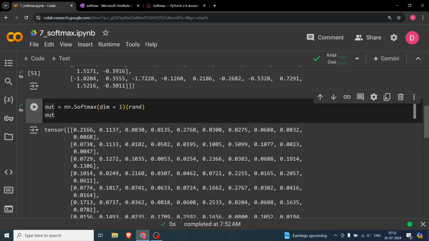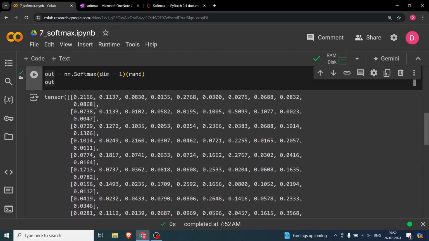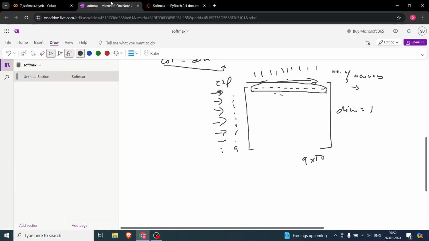Okay, so let's verify. If this is true and softmax is applied in this dimension, it means we have taken the normalization across this dimension, so across this dimension the sum should be equal to 1, right?